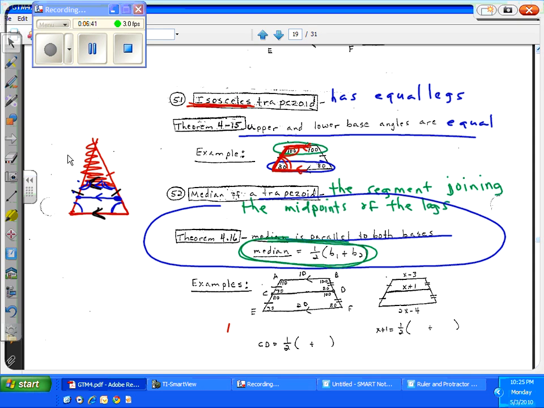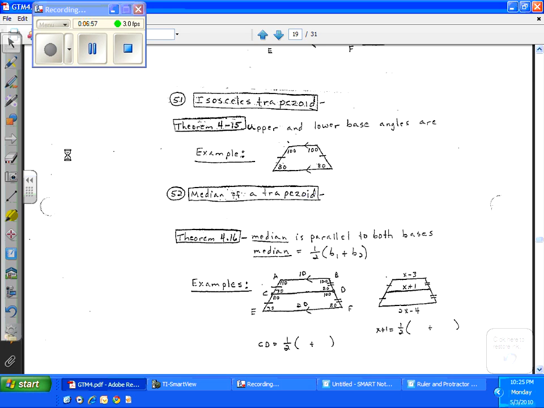It's the average of the lengths of the bases. Half the sum, the average. The median is the average of the lengths of the bases, or 1/2 the sum of the lengths of the bases. Okay? Example.